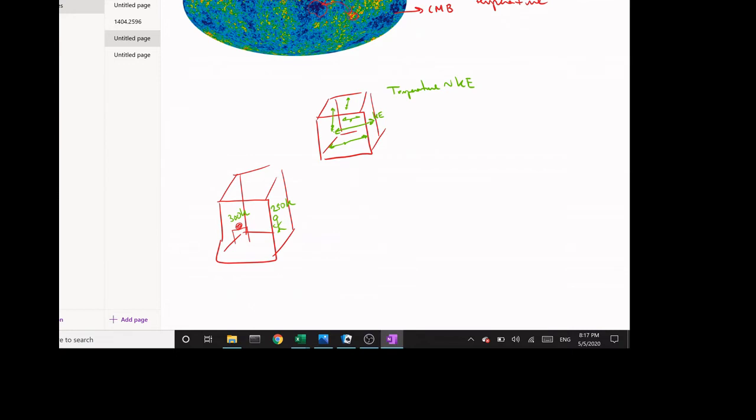If I waited long enough, eventually both of these objects, the cake and the person, are going to have the same temperature. Let's say they both end up at 298, whatever it is, they both come to the same temperature in equilibrium at some point.